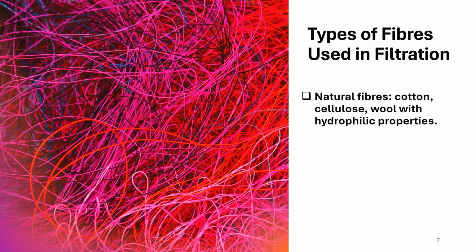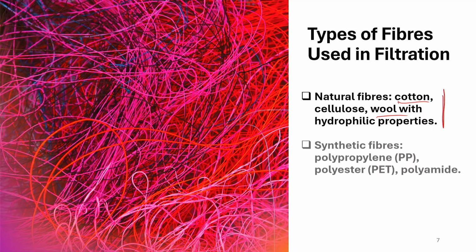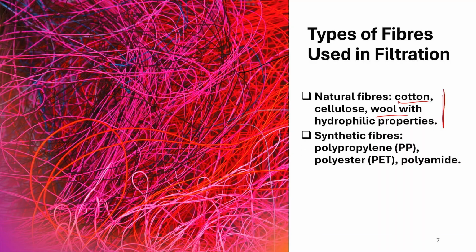So, what are the different types of fibers we use for filtration? Particularly natural fibers are commonly used: cotton, some cellulosic fibers like viscose, wool. Okay. These fibers we use where hydrophilic properties are important, and synthetic fibers we can also use a little bit, they are hydrophobic, like polypropylene, polyester, polyamide.